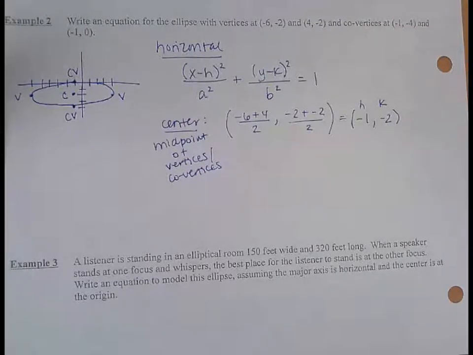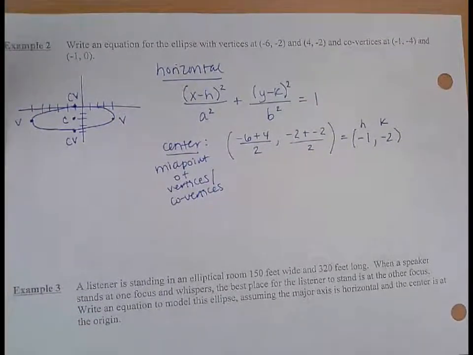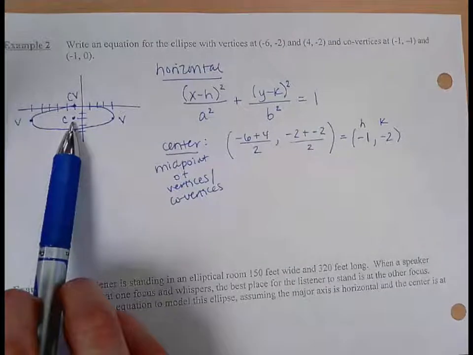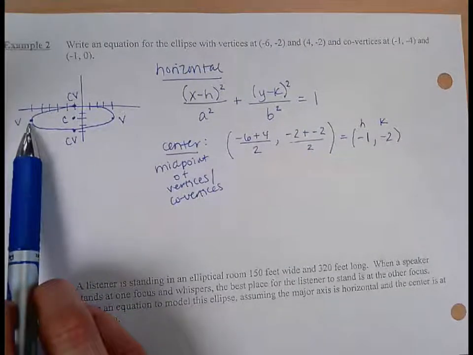So to find A, maybe I'll actually show you a different way to find A for this one. To find A, the way we found A in the first one was A is still the distance from the center to a vertex.